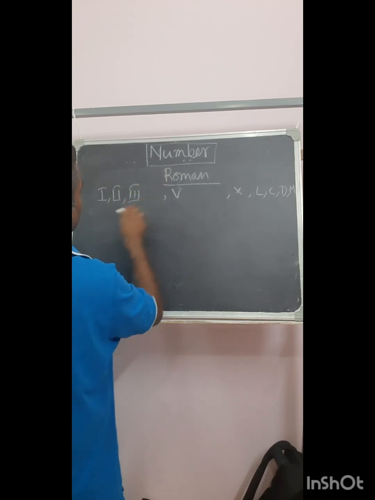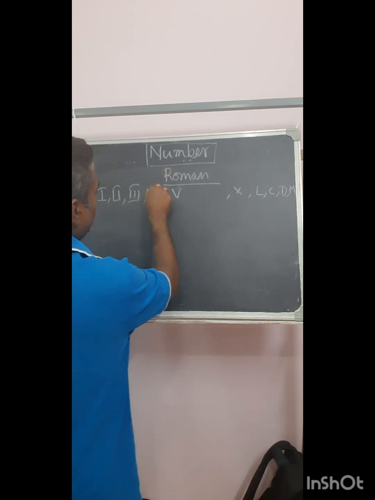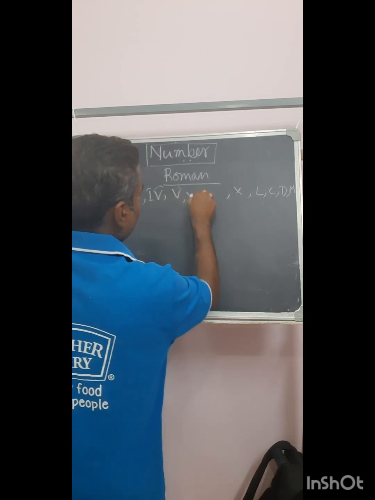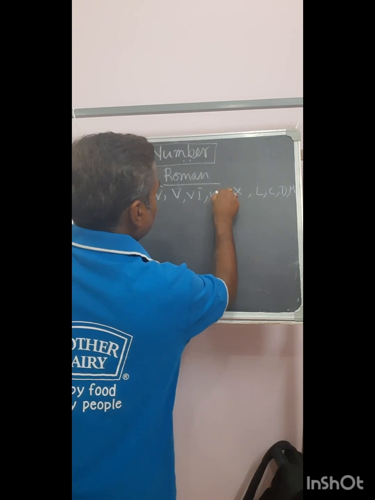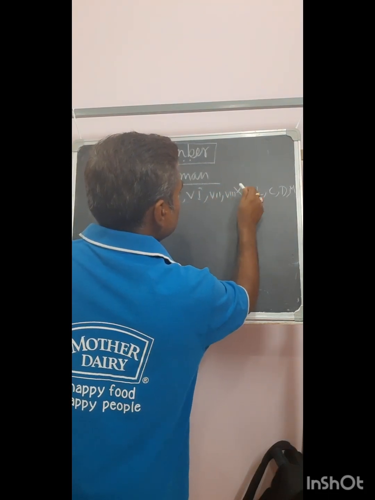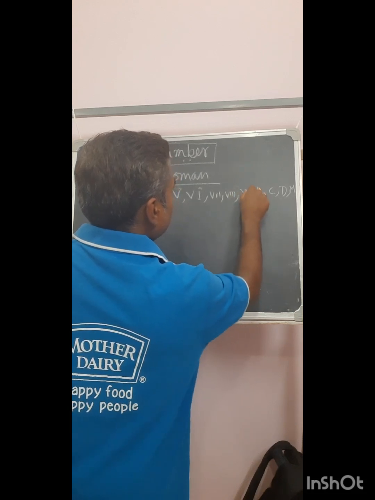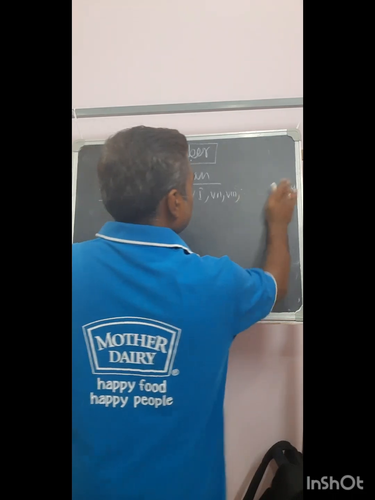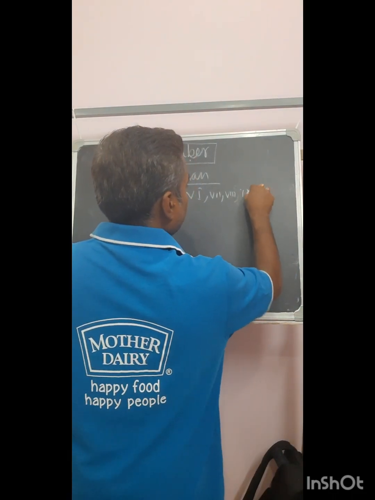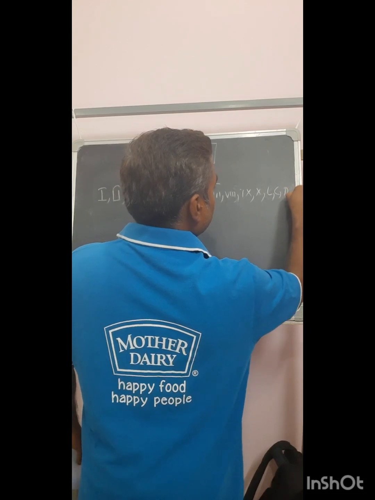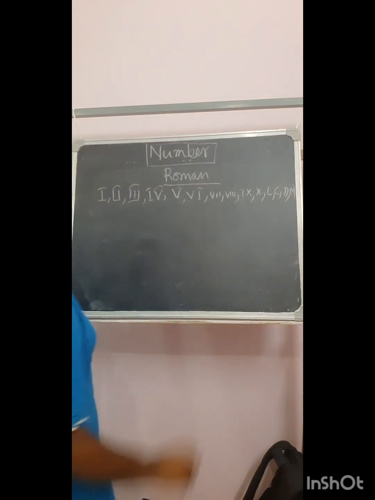A symbol is repeated up to 3 times, then combined with other symbols, like I, II, III, then V, then X, and so on, then L, C, D and M. These are the major variations.